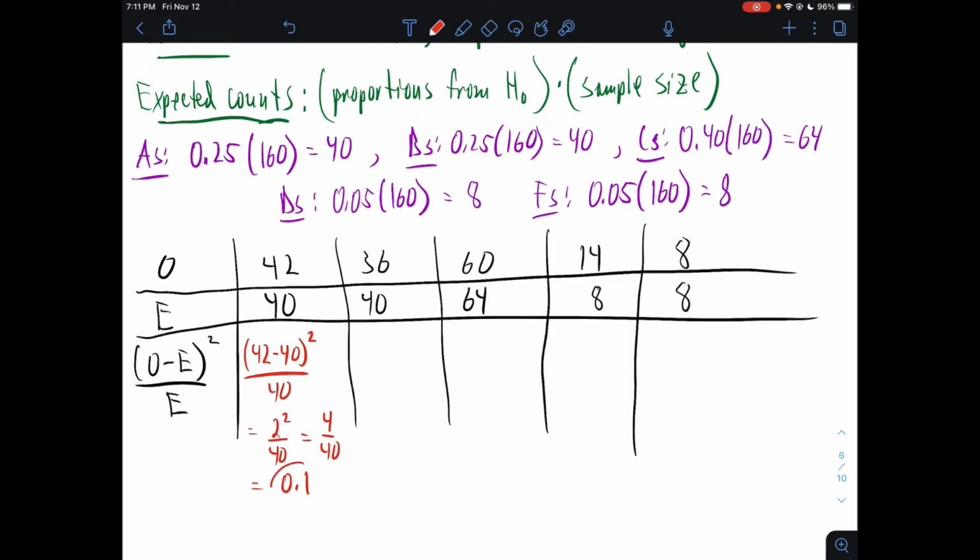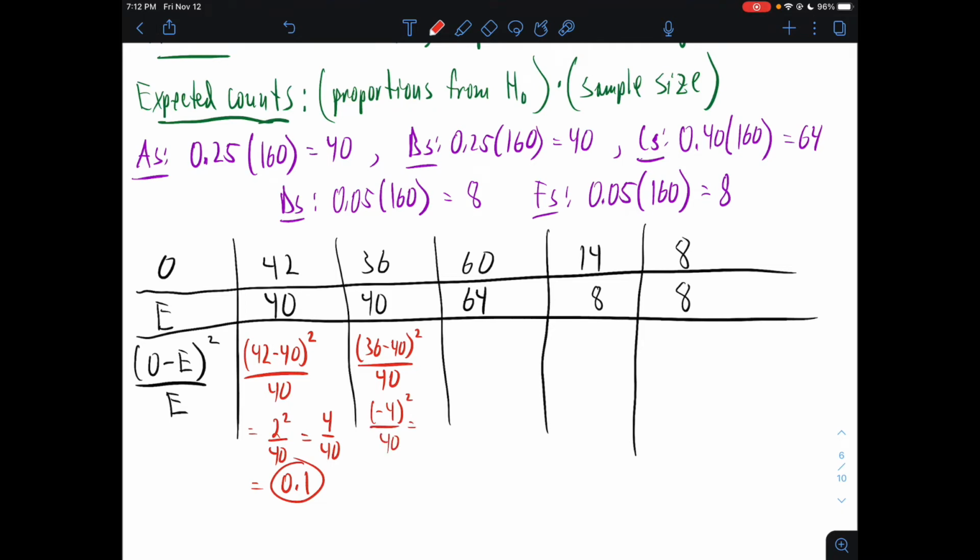So that's how you get the number that's in this row in the column that we're looking at just in this first case. So the next one would be 36 minus 40 squared divided by 40. In this case, 36 minus 40 is negative 4. Don't forget that when you square, a negative times a negative is a positive.